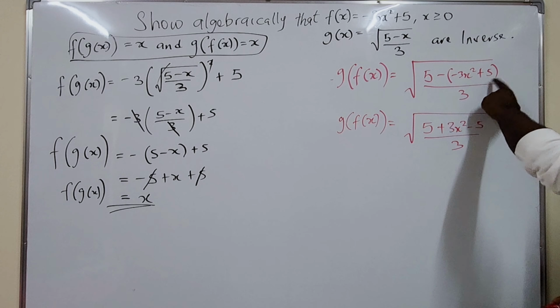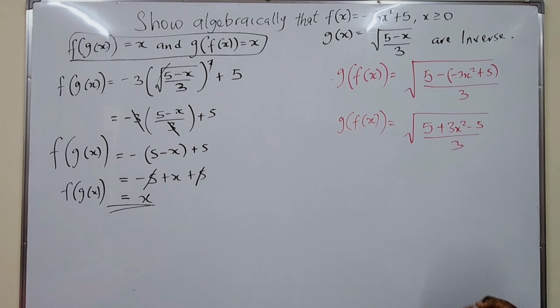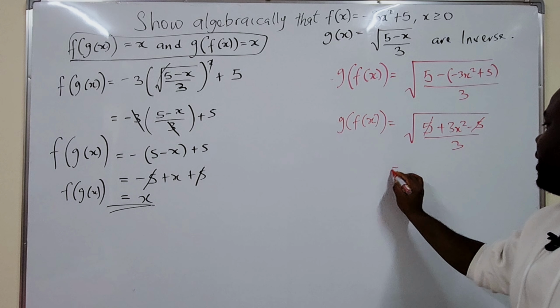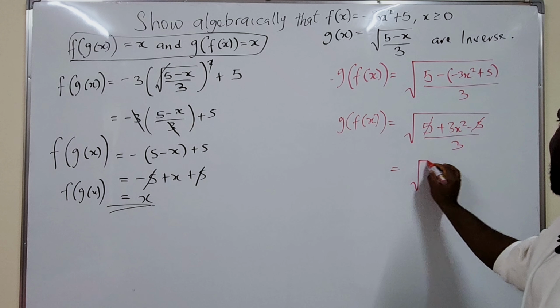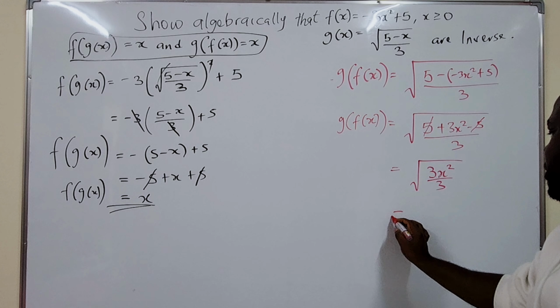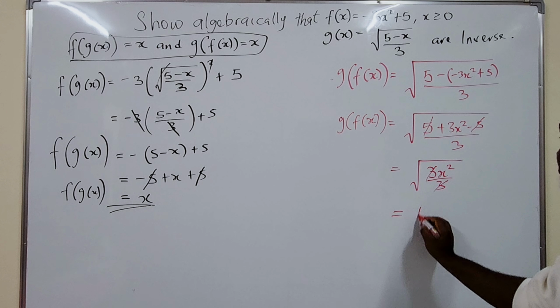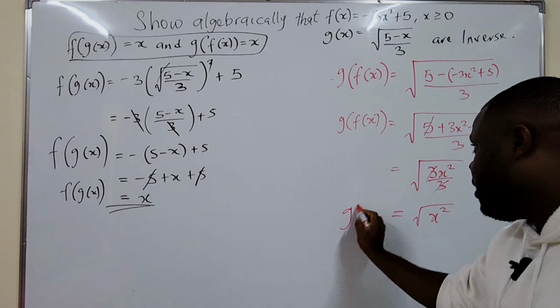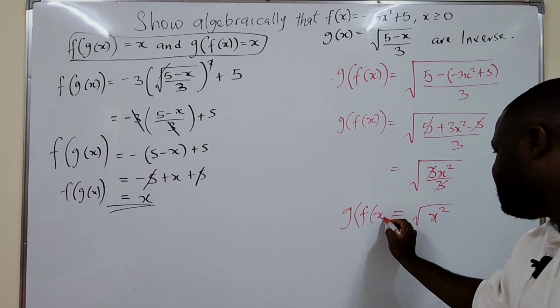Negative multiplied by this positive is also going to give you negative 5. So this can cancel this because they are opposite. So we now have 3x squared over 3, so we can also cancel this out. So we now have x squared, and that is our composite.